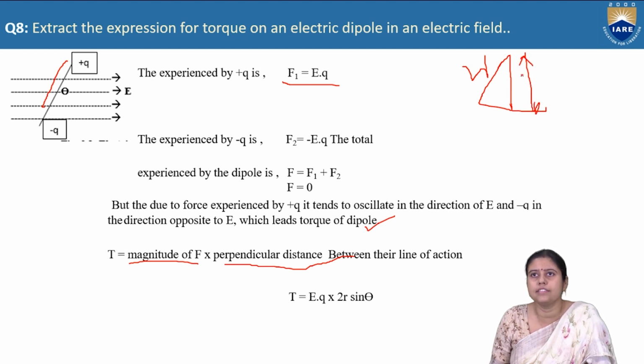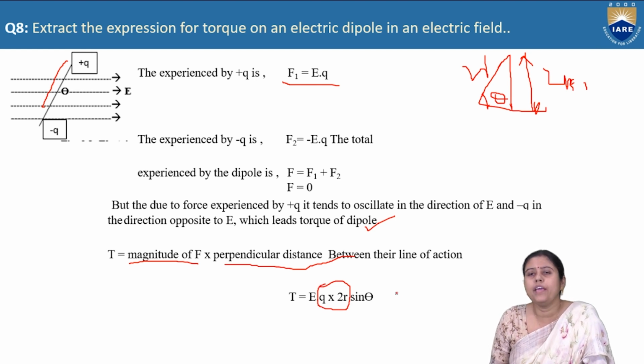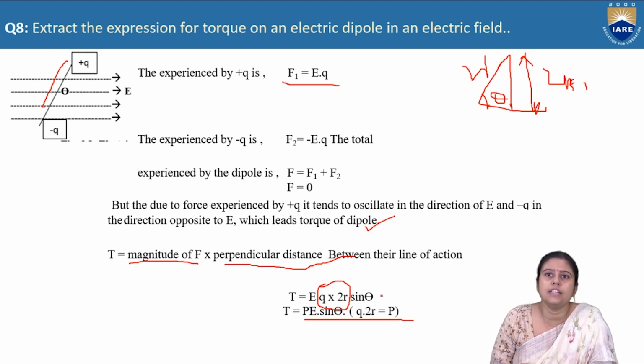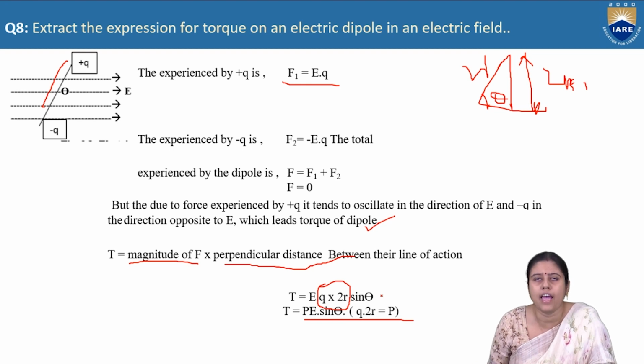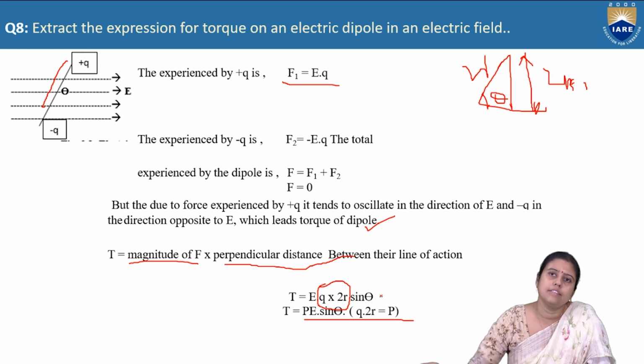If the angle is theta, we know it is 2r sin theta. So we can write here EQ into 2r sin theta. Again, Q into 2r can be written as P. So we can write it as PE sin theta, where P is the dipole moment, E is the intensity, and theta is the angle. So we can calculate the torque as PE sin theta.